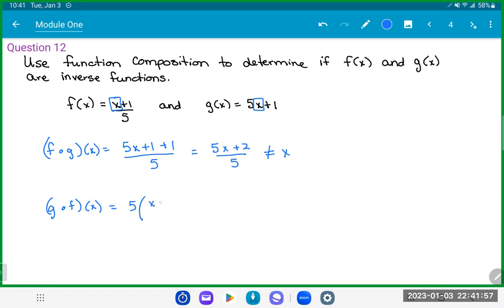So that is x plus 1 over 5. And then I have that plus 1 out there. Okay. So the 5s will cancel with one another, and that's going to leave me with x plus 1, which is x plus 2, and that is not equal to x. So these two functions are not inverses.